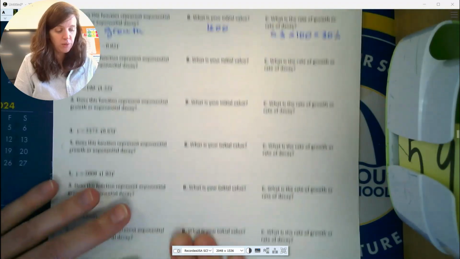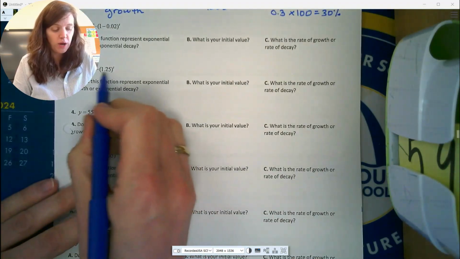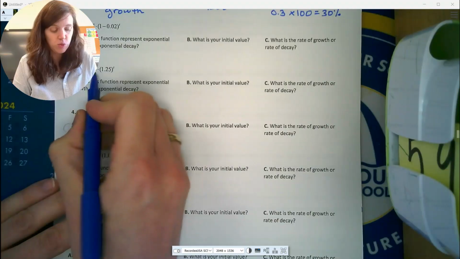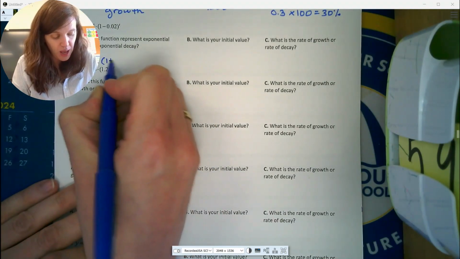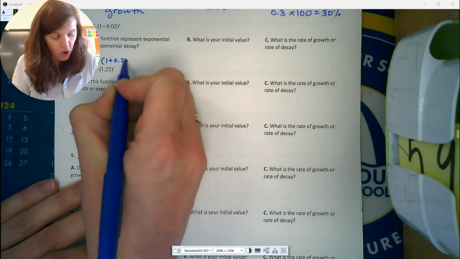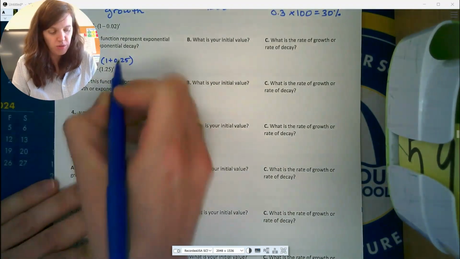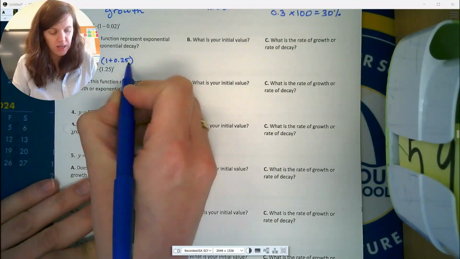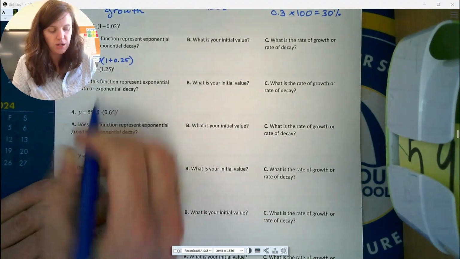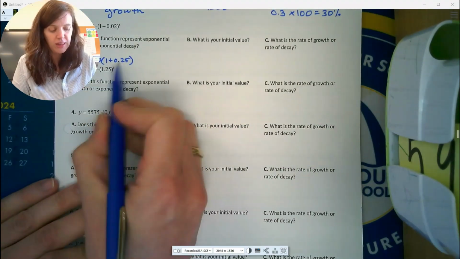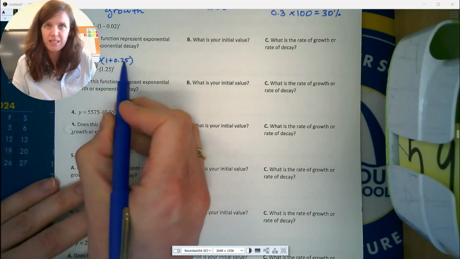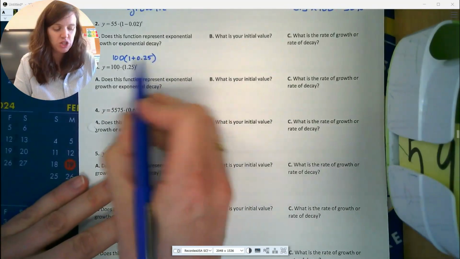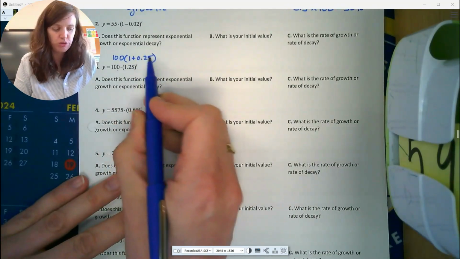All right, I'm going to look at a little harder one down here. Notice 100 times 1.25. They've actually put 1 plus 0.25 already together. So this represents this. 100 is still my starting value, but it's a number greater than 1, so I had to add something to the 1 to get that 0.25.